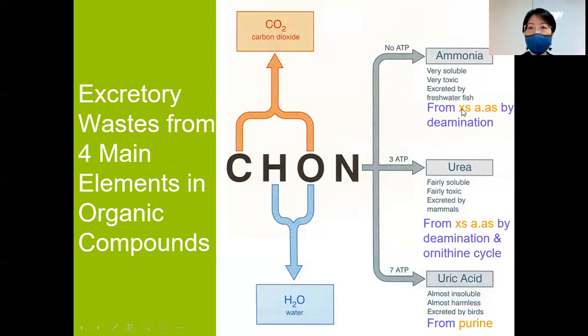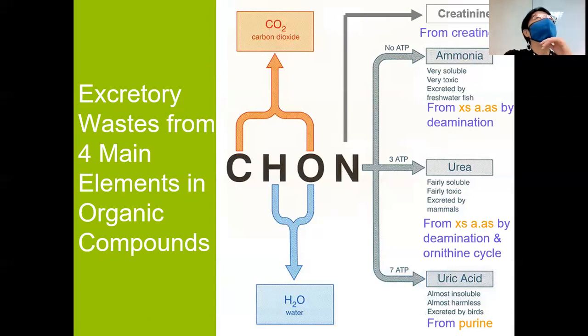Excess amino acid goes through the ornithine cycle. Uric acid comes from purine. There's one more I didn't put up there, called creatinine. It's produced from creatine. Creatine is a chemical molecule in our muscle cells that stores phosphate, because our muscle cells need to contract.